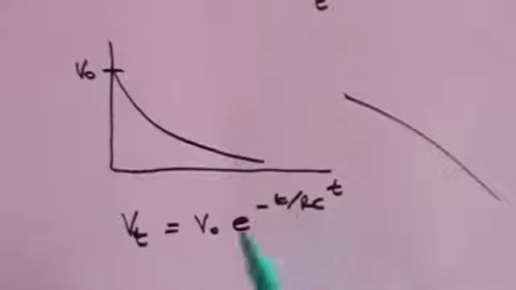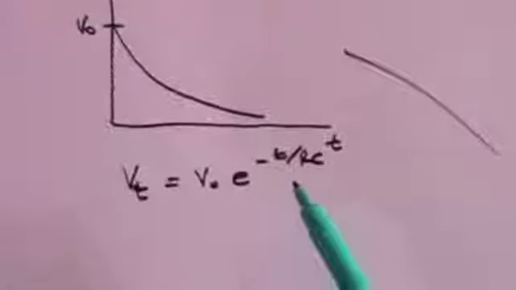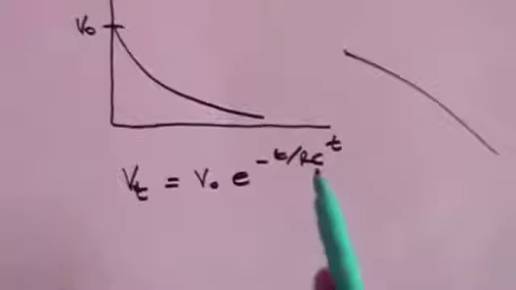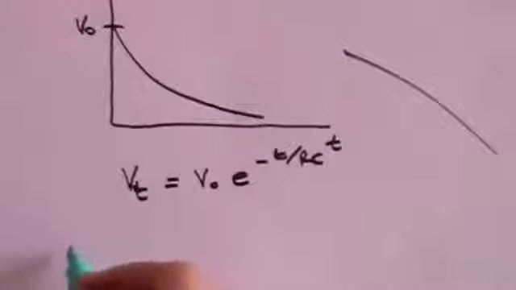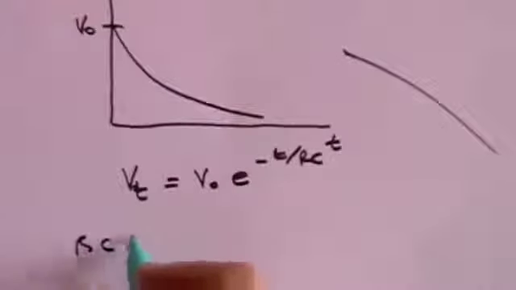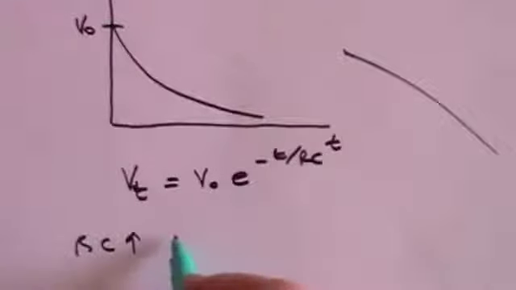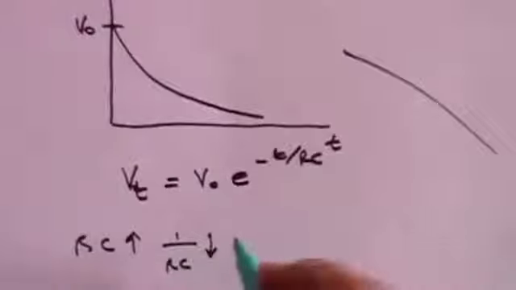So let's have a look and see what this term here does. What we want to do is to keep the voltage as high as possible for as long as possible. Well, if C is large, then RC will be large, which means that 1 over RC will be small.